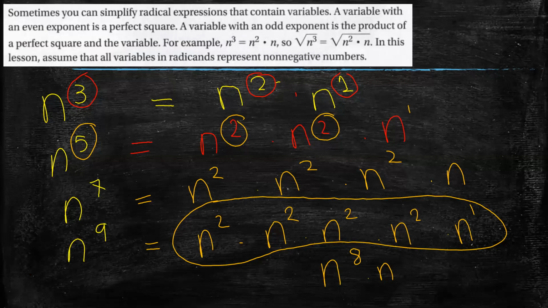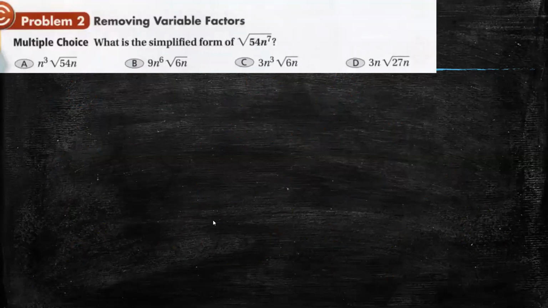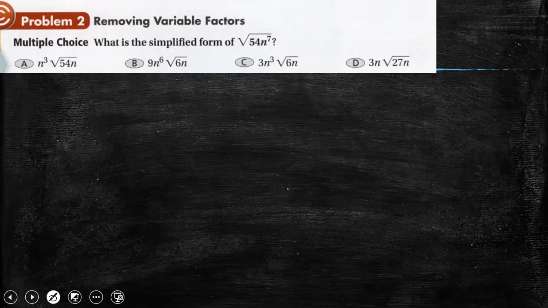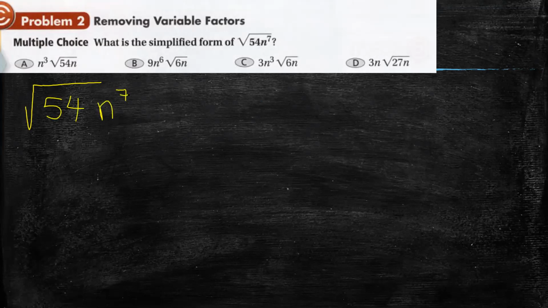Let's see now here how we want to simplify a product of a number times a variable, like square root of 54 n to the power 7.